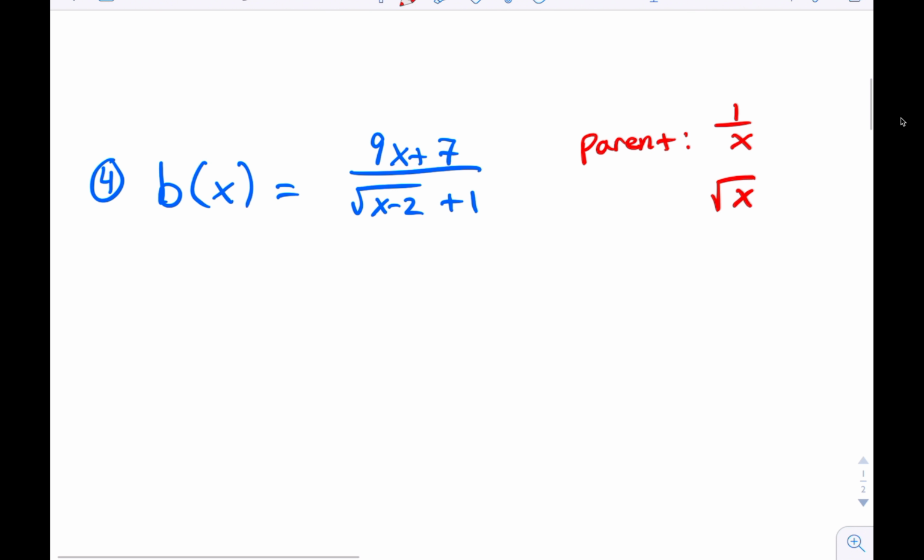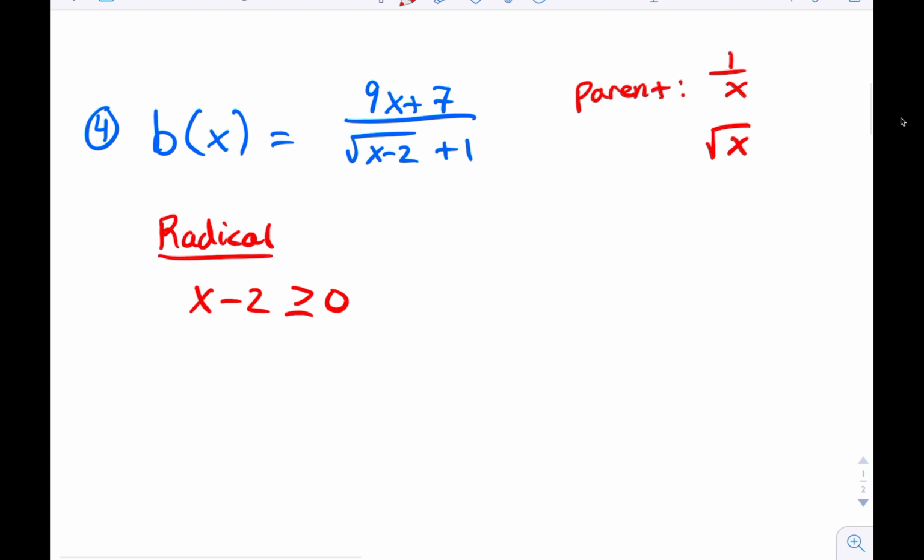So I'm going to do the square root part first, the radical. What's inside the square root has to be positive, so x minus 2 has to be greater than or equal to 0. This tells me that x has to be greater than or equal to positive 2.